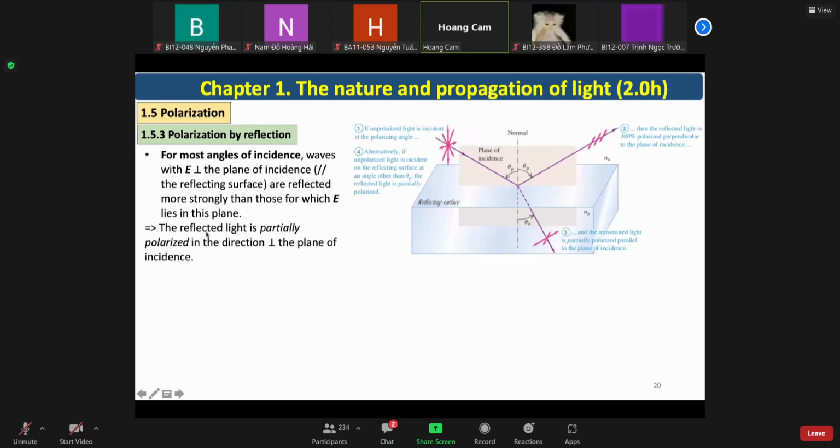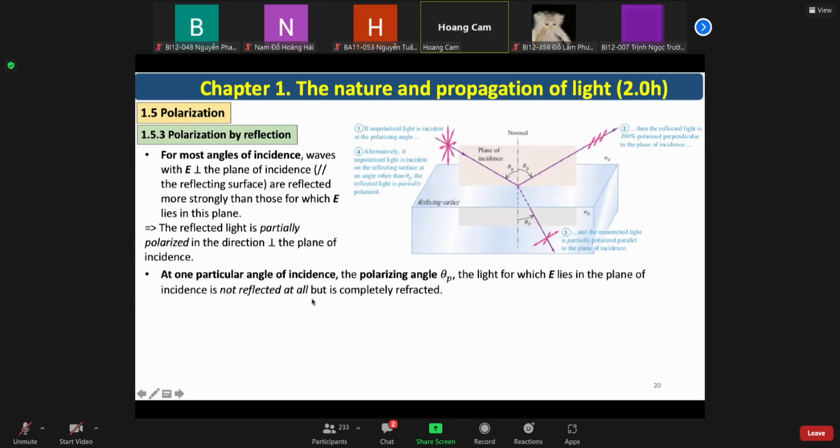And so the reflected light is partially polarized in the direction perpendicular to the plane of incidence. However, there is a particular angle of incidence that we call the polarizing angle, theta p. P denotes polarizing here.